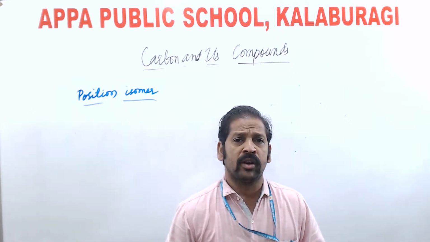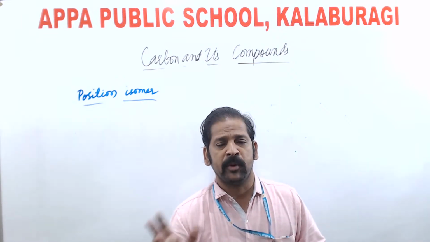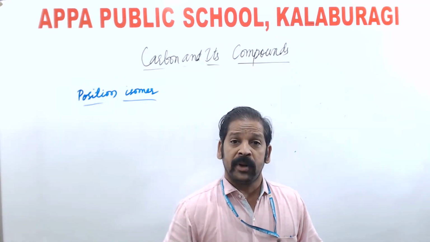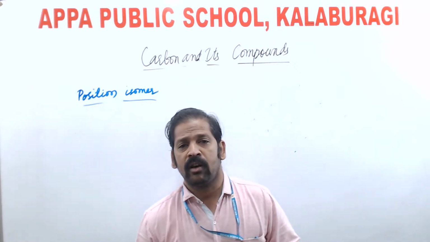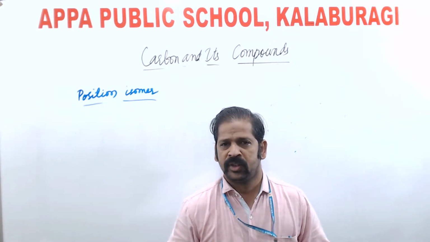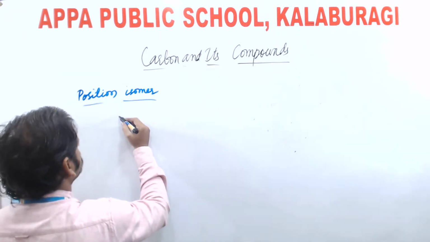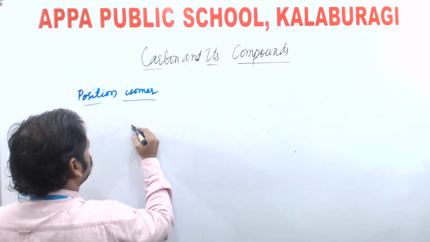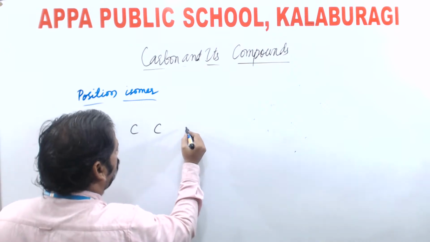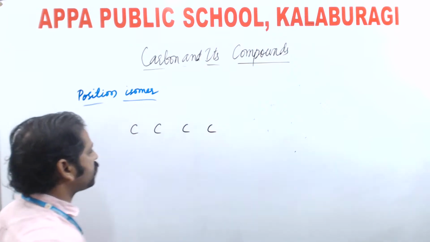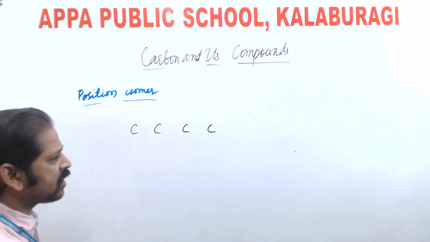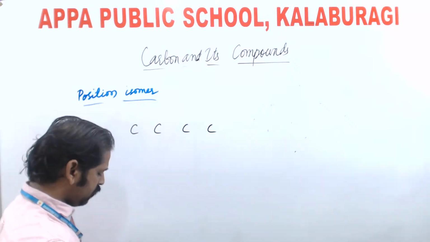For example, butane and isobutane, we have got a chain isomer. But here I'll show the structure of two butenes. It is our first carbon. Four carbons are there.